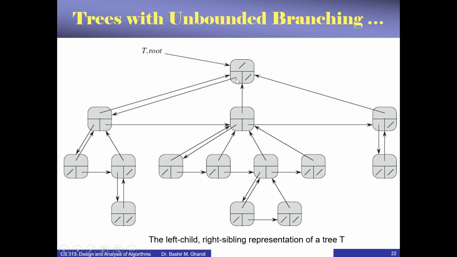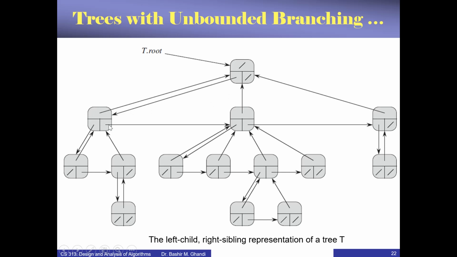But this time the references are not left and right. Yes, there is a left reference pointing to the left child, but the second reference is pointing to its right sibling. Okay, in the case of root, there is no right sibling, it is the only one. So the reference to the right sibling will be nil.